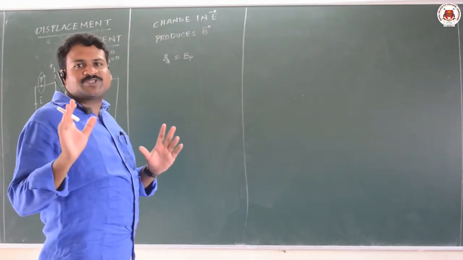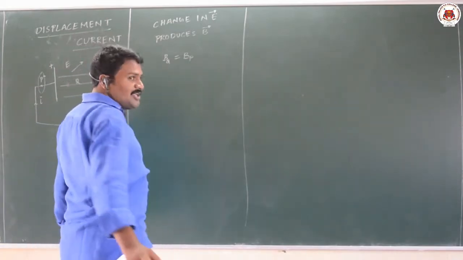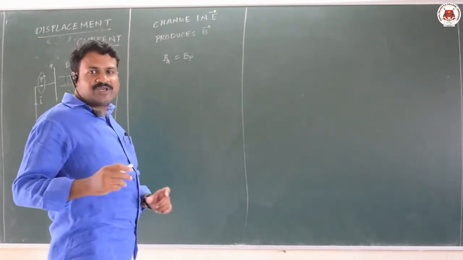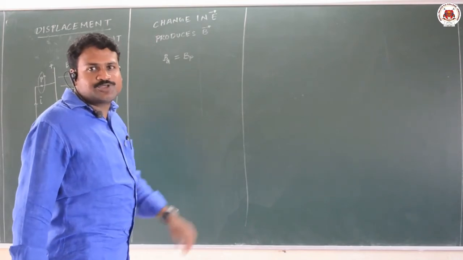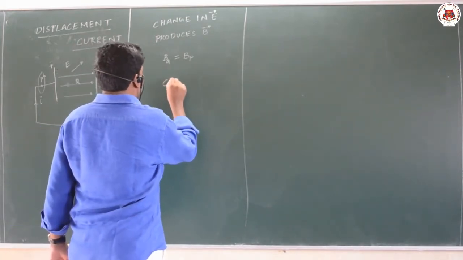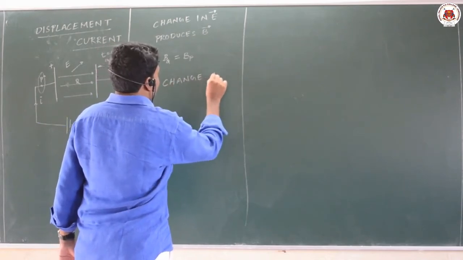So in order to explain them, he introduced the idea of displacement current, a new term called displacement current. What is displacement current? It is the current which is produced due to change in electric field.